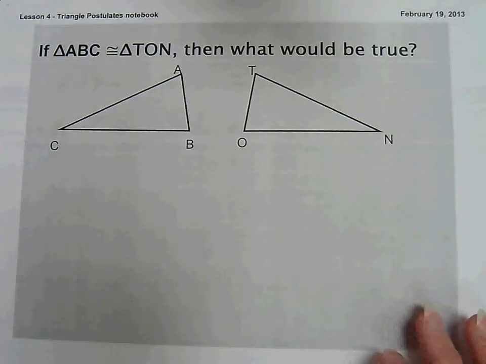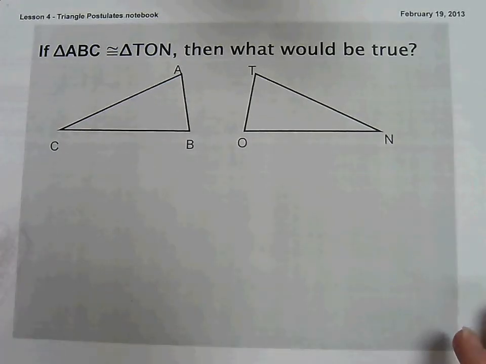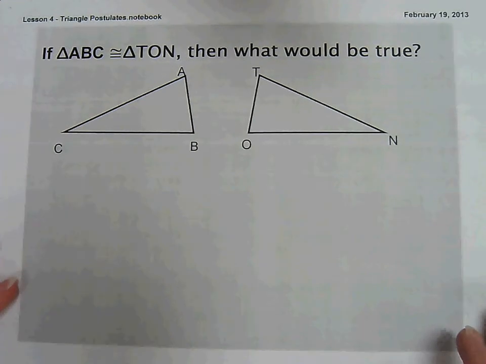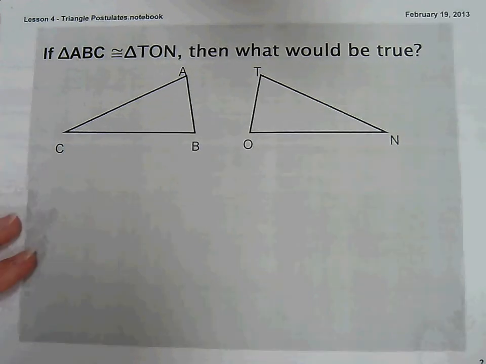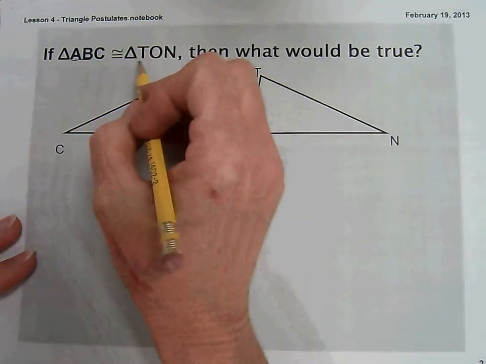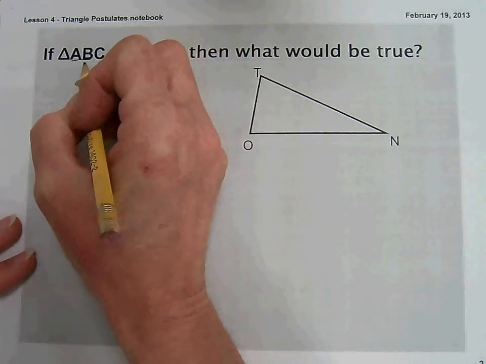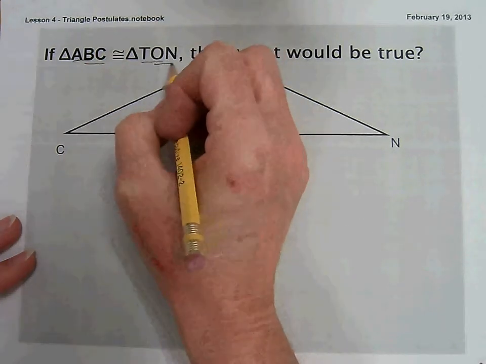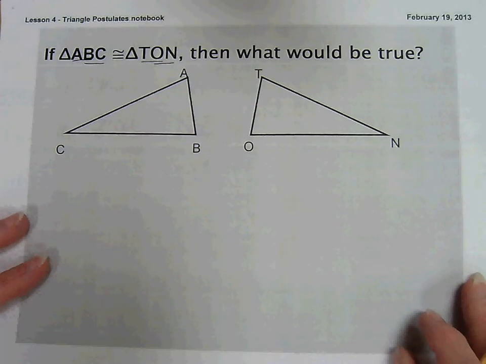All right, in this example we have triangle ABC and triangle TON. So what do you think would be true about triangle ABC and TON if they are congruent? Well, if you look at the order in which these are written, when you write a congruent statement for triangle congruence, the order is important.